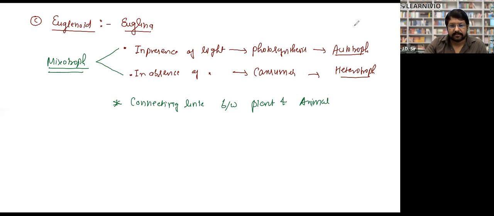Clear? Please note it down. Euglena is called the connecting link between plant and animal because it has characteristics of both plant cell as well as animal cell.